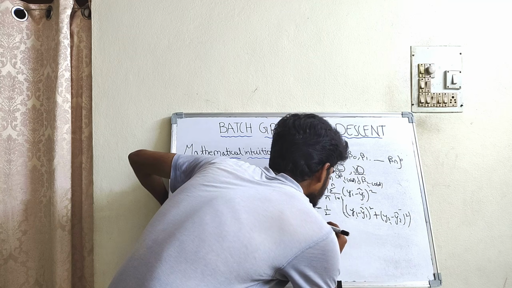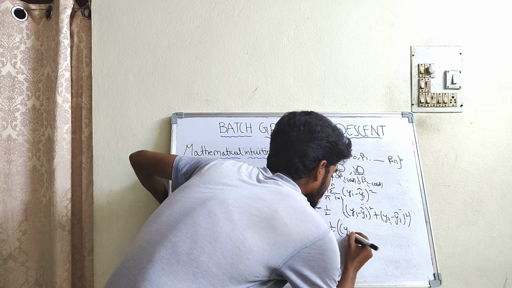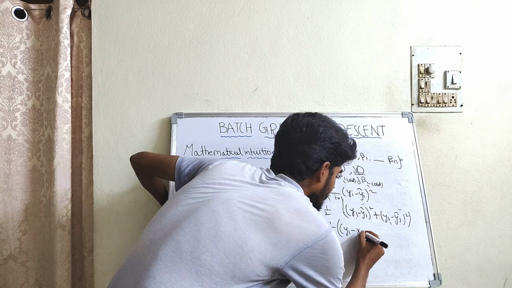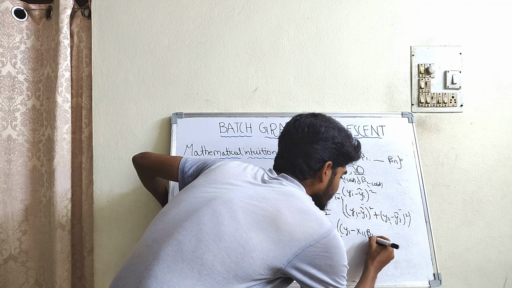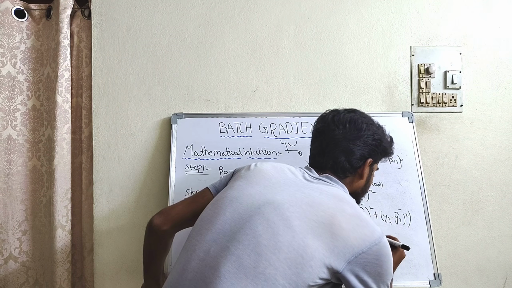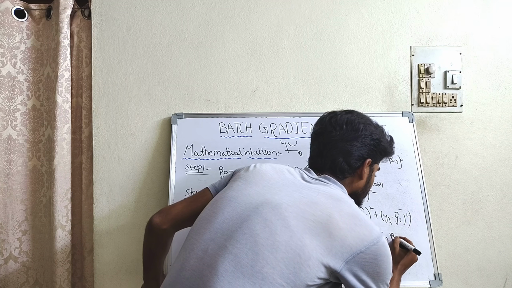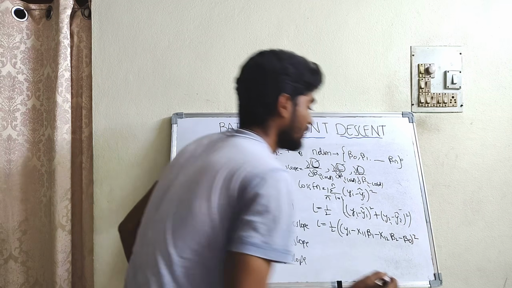Now the equation will be y1 minus x11 into beta 1 minus x12 into beta 2 minus beta naught, whole square.